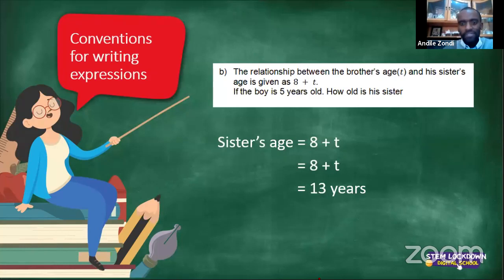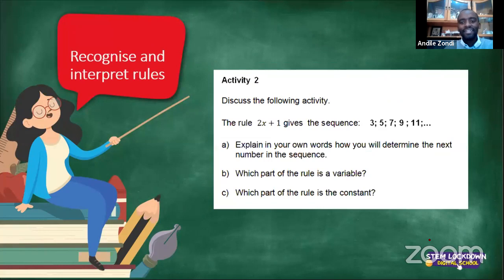Next question. Remember, learners, we're looking at these objectives. Now we're looking at recognizing and interpreting rules. Discuss the following, given the rule.